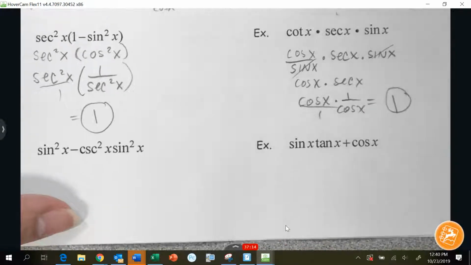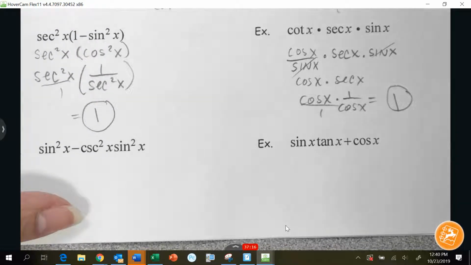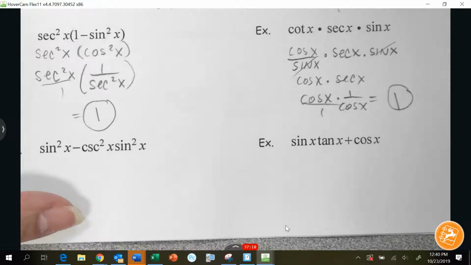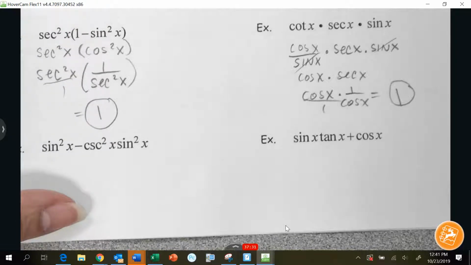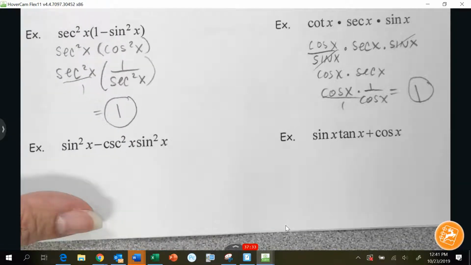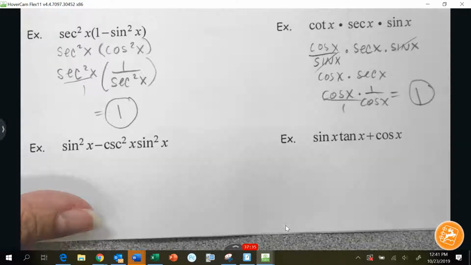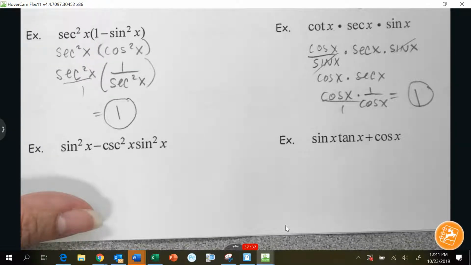That's where people get in trouble, is they don't really know their math. They know tricks and gimmicks, but they don't actually understand the math. Do you know how to add fractions? If you don't know how to add fractions, you're going to have trouble with this section.